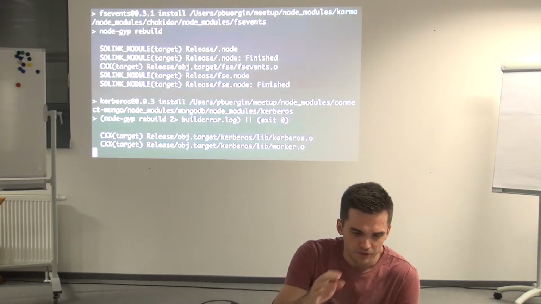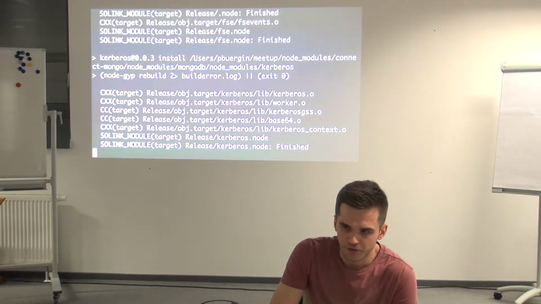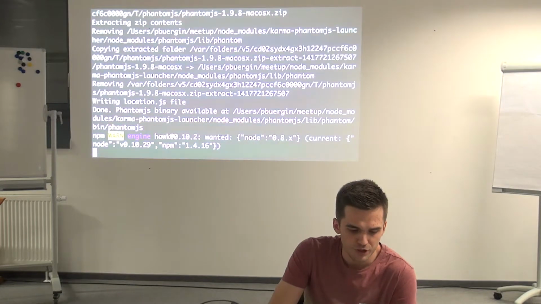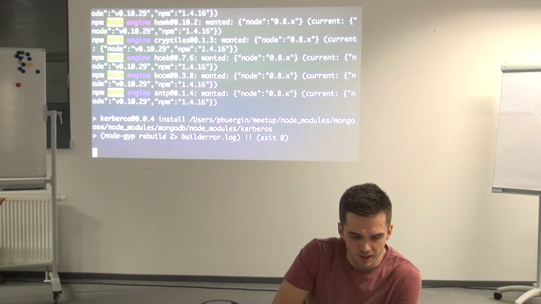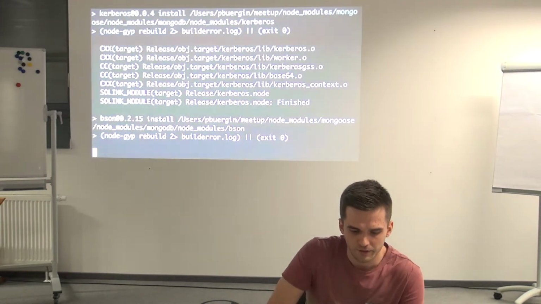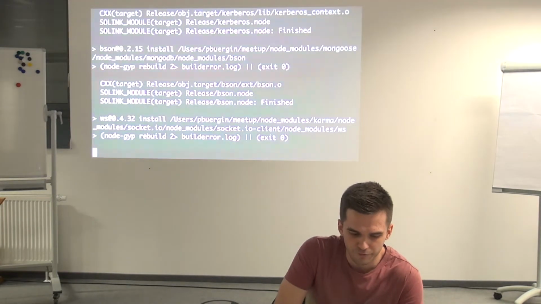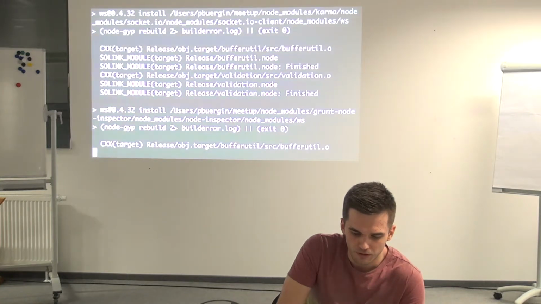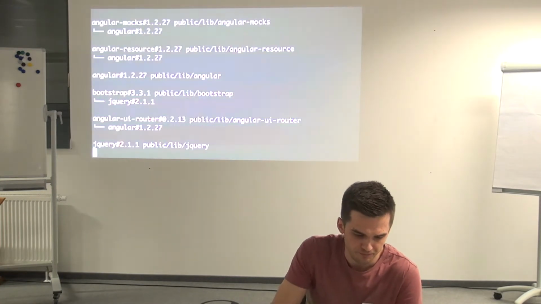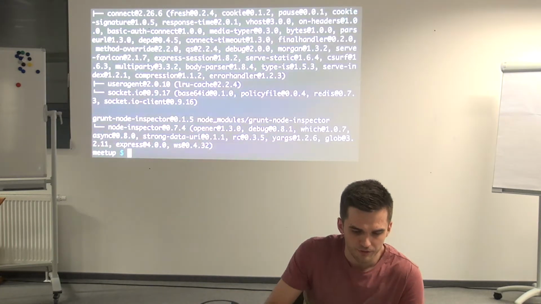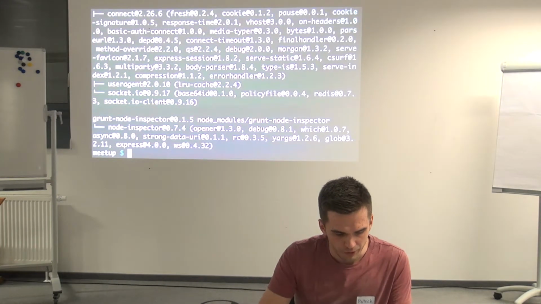Again, we had this yo step where it scaffolds the application. Now we come to the dependencies, so it runs npm right now and gets all sorts of npm dependencies. At some point it will also get Bower dependencies, which is right now. And finally, we're good to go.